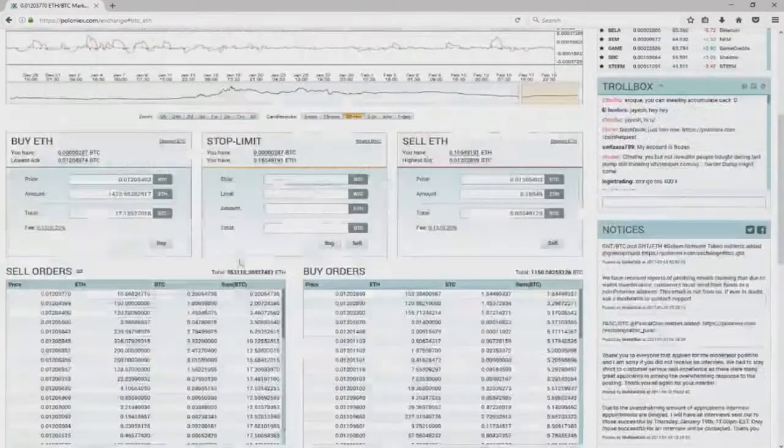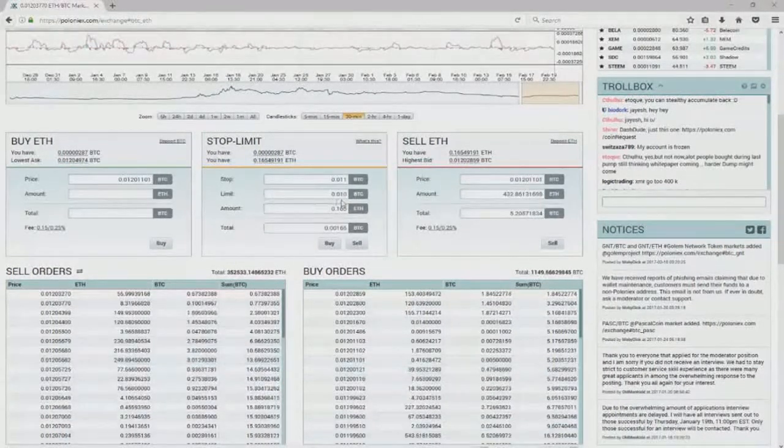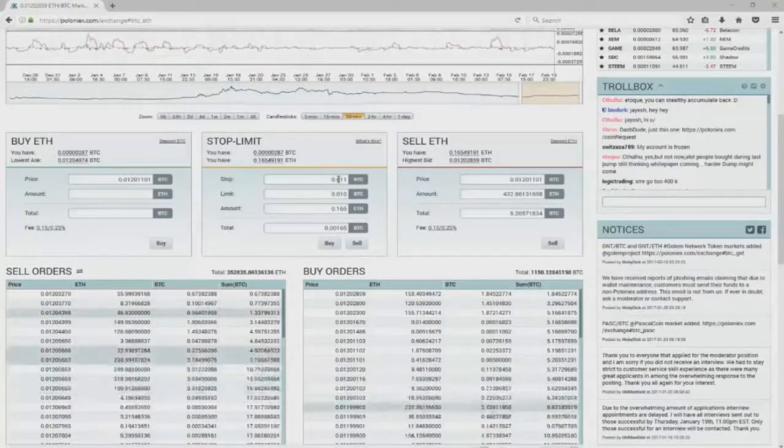And so now you also have stop orders, right? So let's say I wanted to get stopped out of a trade. All right, so to set a stop, I put the stop price where it gets triggered. So if the market moves against me to 0.011, right?